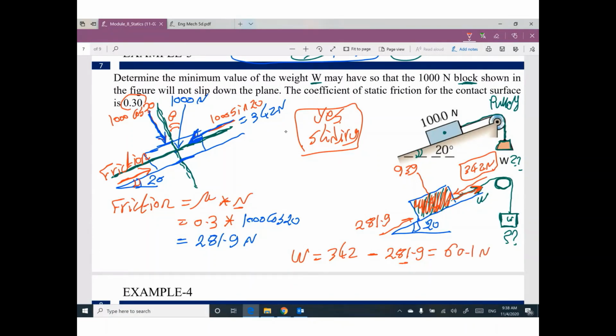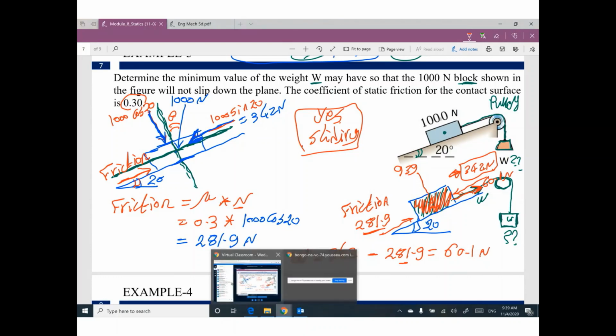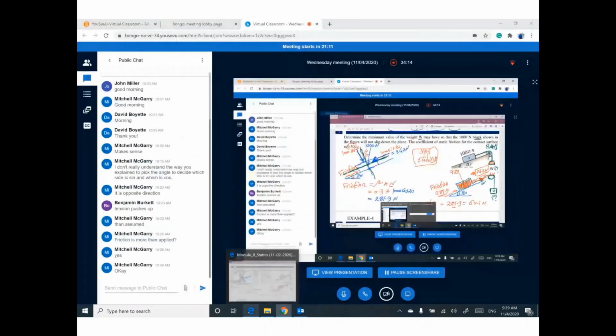I need at least 60.1 Newton here to be added to this friction force to support this block against this applied force. Does that make sense? Okay.